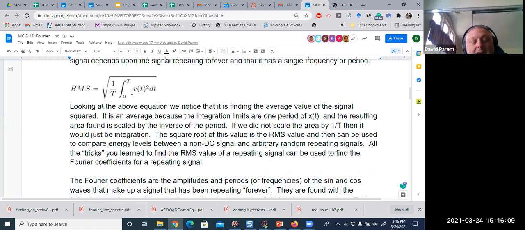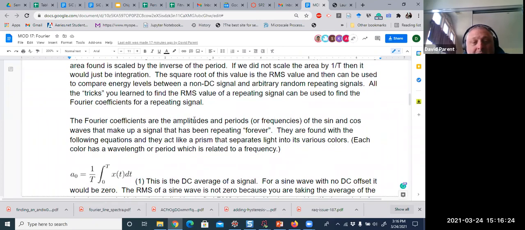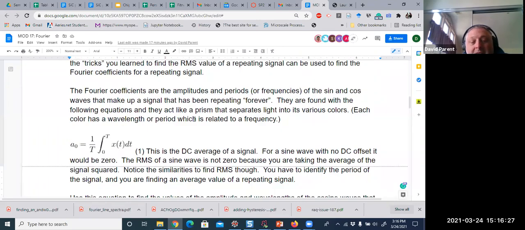Now, just one thing is that in 98 or your equivalent course, you probably learned a few tricks to making this integral easier. And really, those same tricks can be used when we're finding the Fourier coefficients. All right. Now, what are these Fourier coefficients?